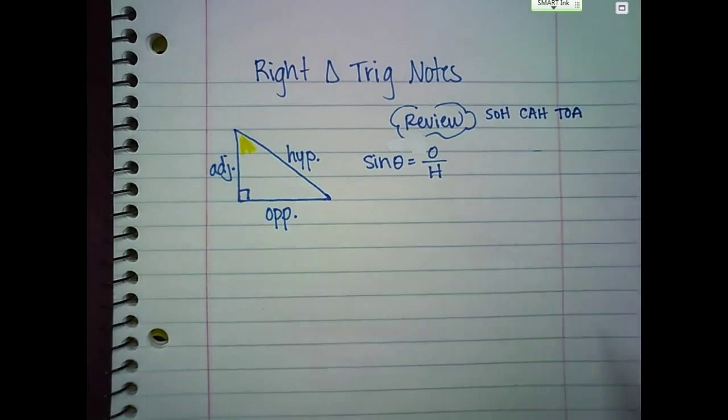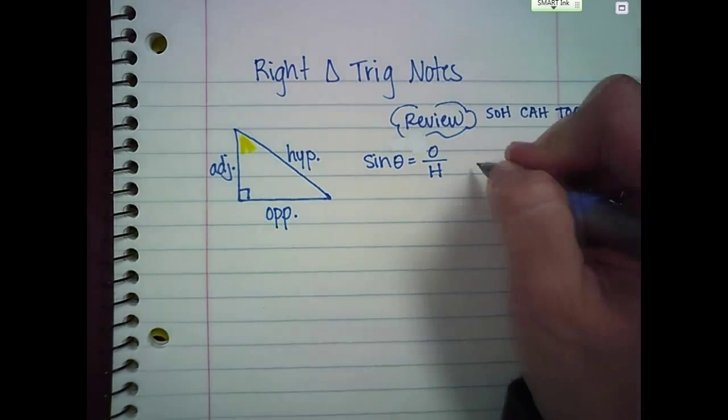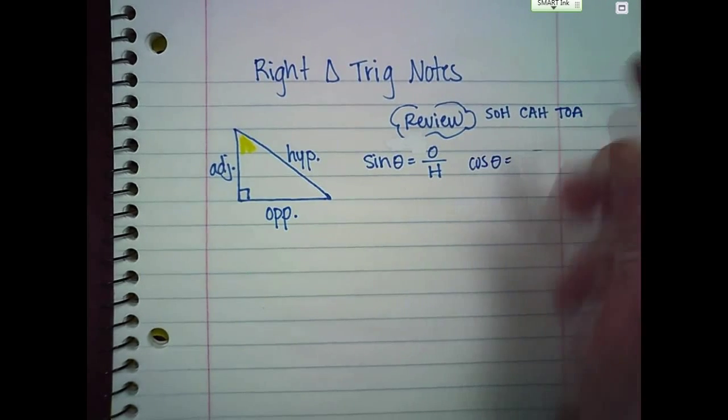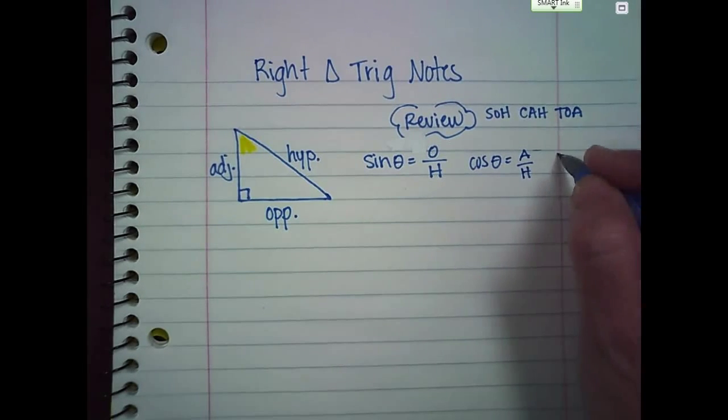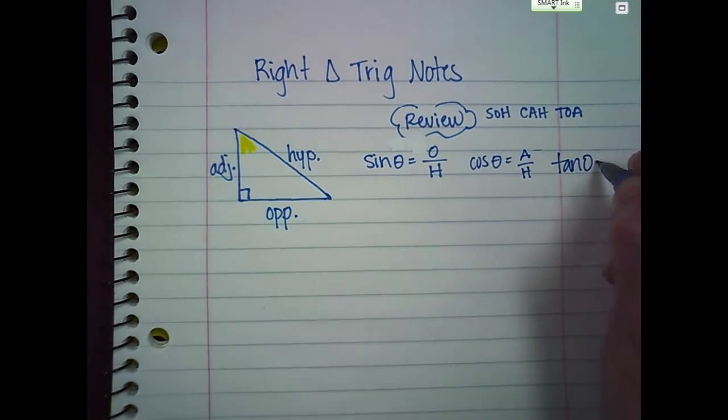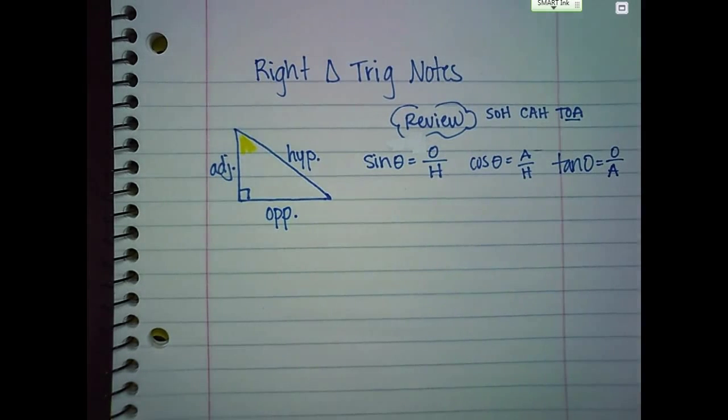So sine of an angle is opposite over hypotenuse. Cosine of an angle, remember, is adjacent over hypotenuse. And tangent of an angle is opposite over adjacent. Right? It's just a review.